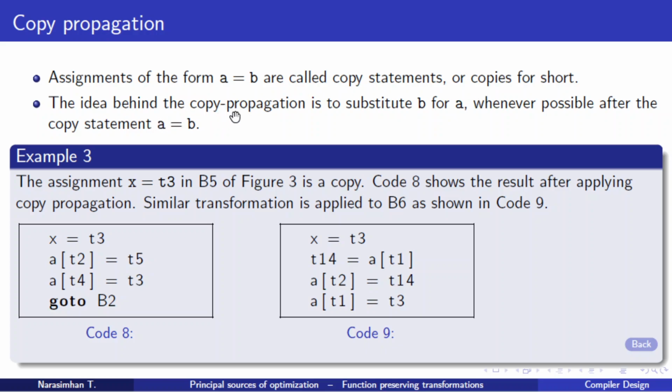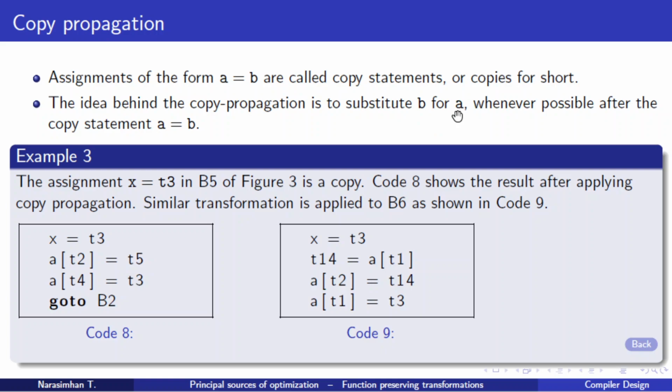The idea behind copy propagation is to substitute B for A whenever possible after the copy statement A equal to B. That is, once you see the copy statement A equal to B, subsequent to this statement, at places of A you can just use B, that is you substitute B for A. That is the idea of copy propagation.